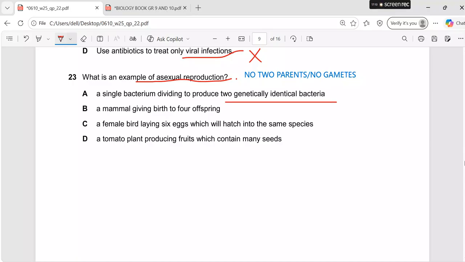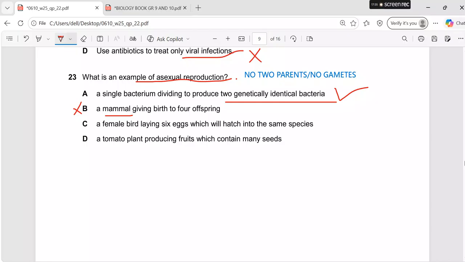identical bacteria. Very true. But we have to rule out B, C, and D. A mammal giving birth to 4 offsprings. Mammal giving birth to 4 offsprings and giving birth? Of course, no. Rule out. Why? Because it's a mammal and it has to do a sexual reproduction where the gametes are involved.